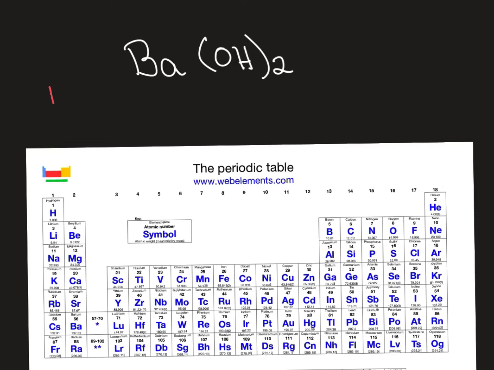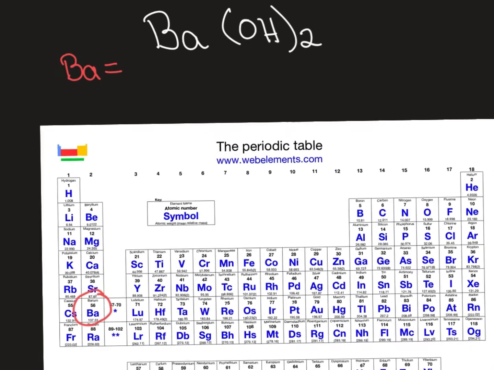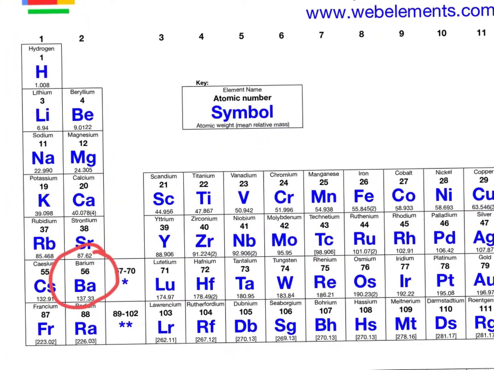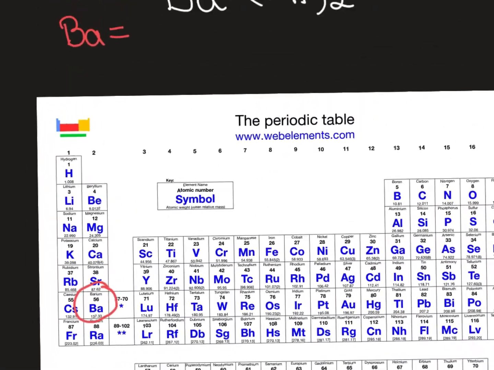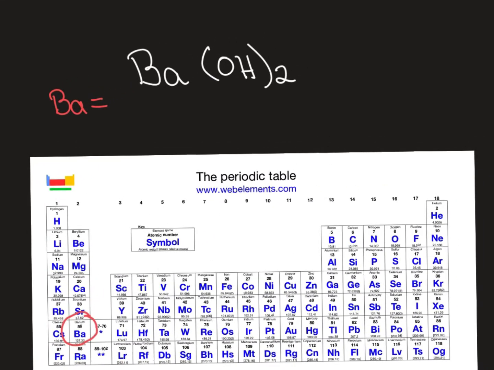So we'll do barium first. You go to the periodic table and find barium, who is number 56. Look at the atomic mass underneath it. It's 137.33. And I only have one barium, so that is the number I need.